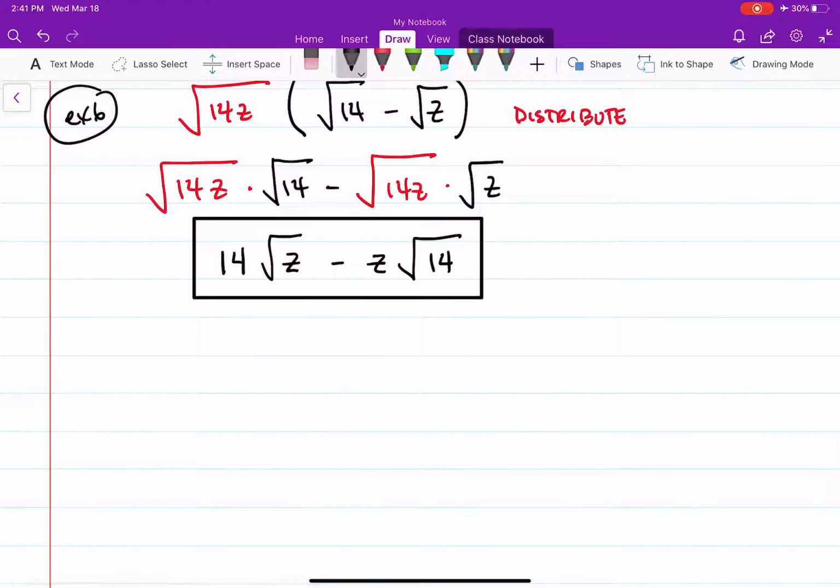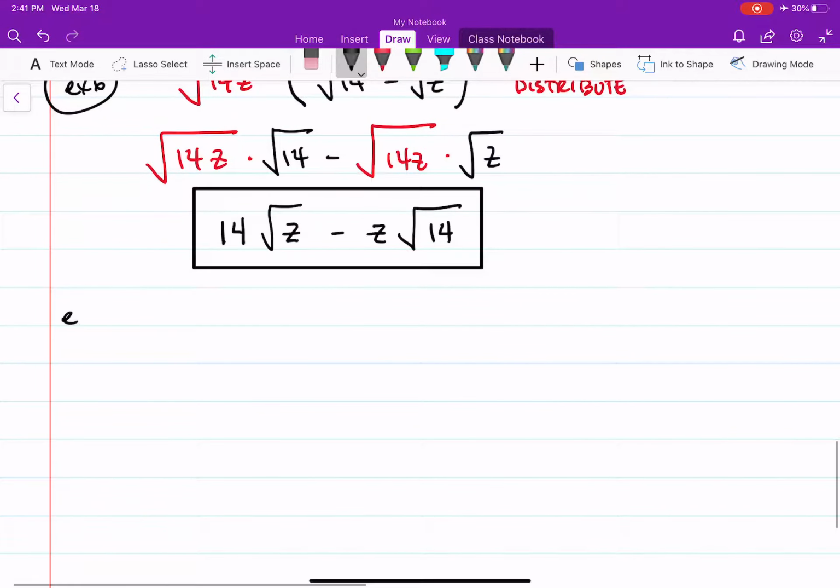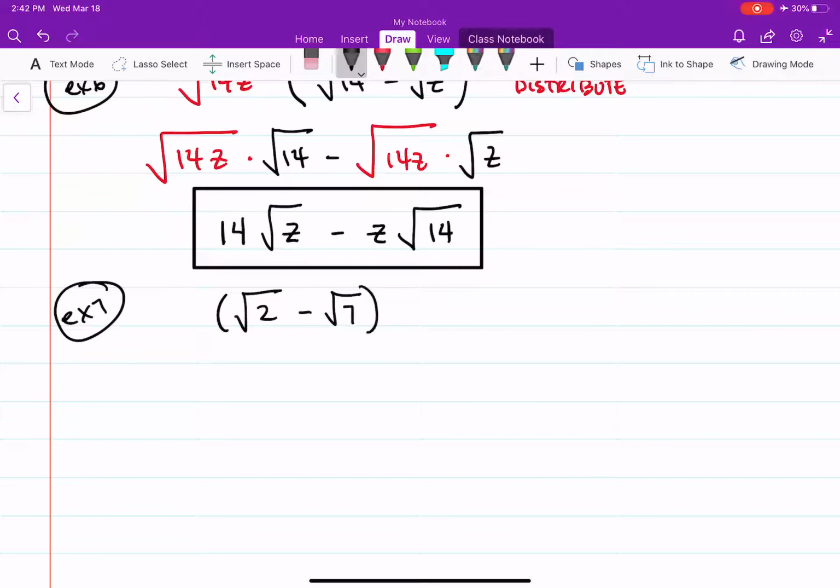Okie dokie. Well, what's the other thing that we've learned so far in terms of polynomials? Well, you also learn something like this. What does that mean? That means you write it out twice.